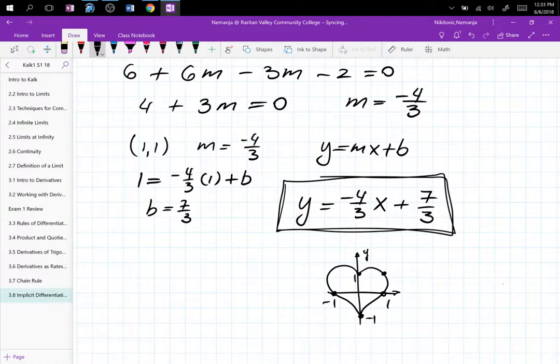And there should be a tangent line there, which is the line that we have. And this is happening at 1, 1 as a point. And that's that.